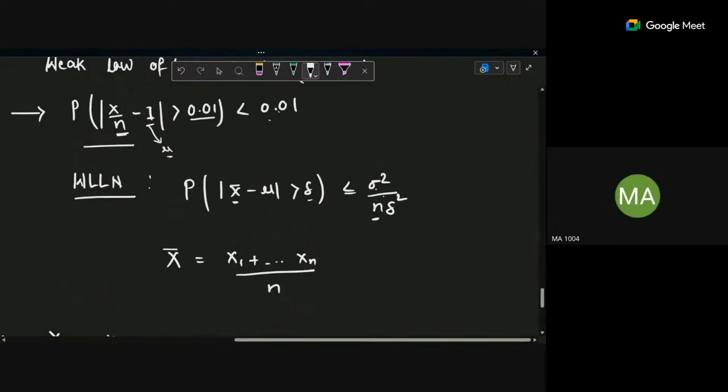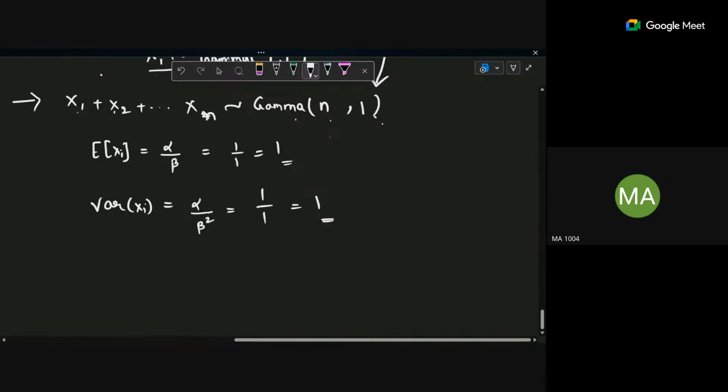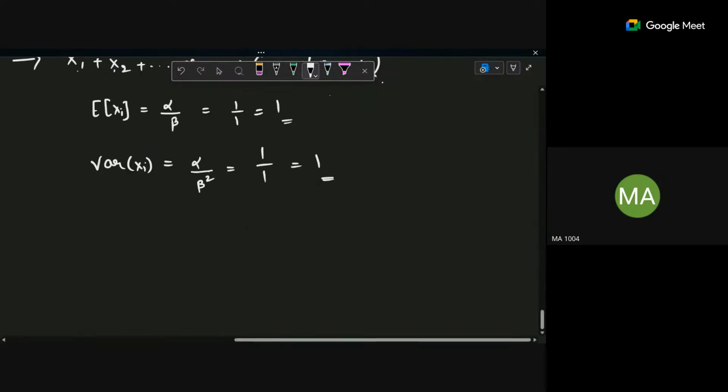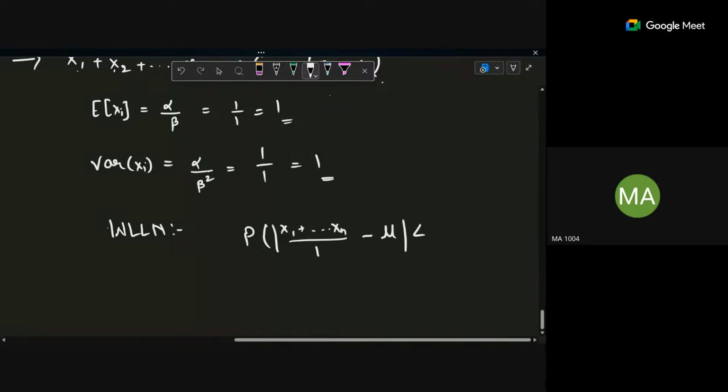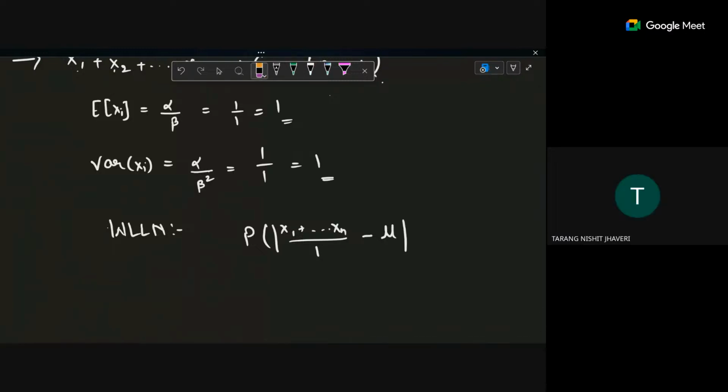Okay. So if expectation is there and variance is there, and now I want to use the weak law of large number, what is the weak law of large number then? It says probability that modulus of x1 to xn divided by n minus nu is greater than delta. Ma'am, you wrote 1 instead of n. Oh yeah, sorry.